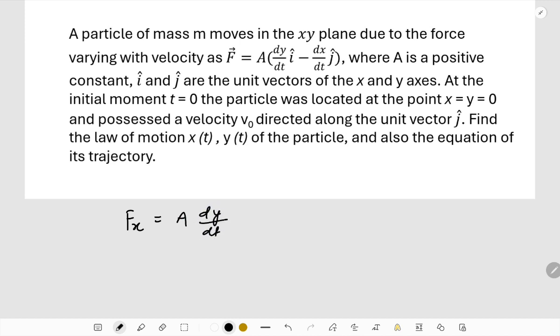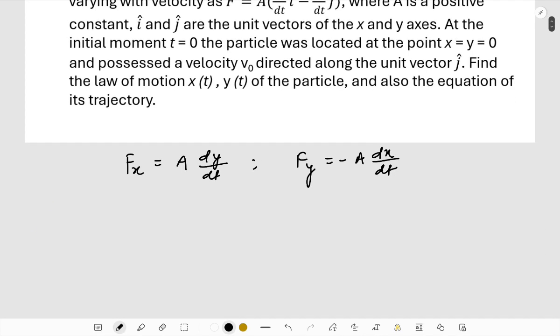That is the y component of the velocity. And the y component of the force is written as minus a dx upon dt. That is the x component of the velocity. So these are the x and y components of the forces.